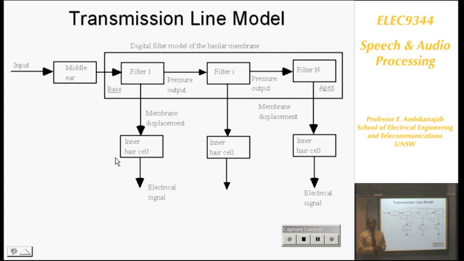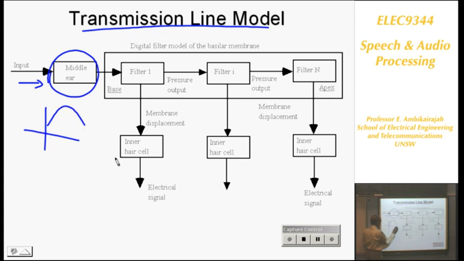So from now onwards, I could say an inner ear can be modeled by a transmission line type model, where a signal enters here in the outer ear and goes through the middle ear. The middle ear looks like a very deep bandpass filter. That's what the middle ear looks like. It's a bandpass filter really. And the output then goes into filter 1.